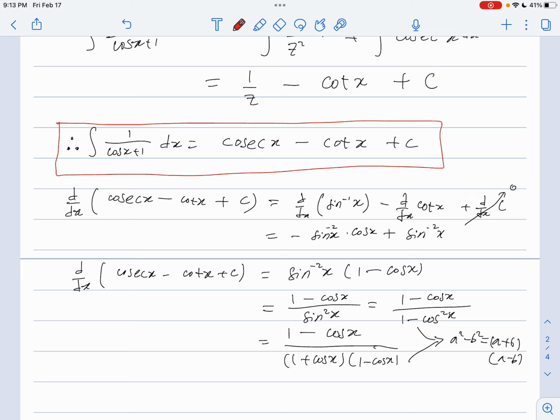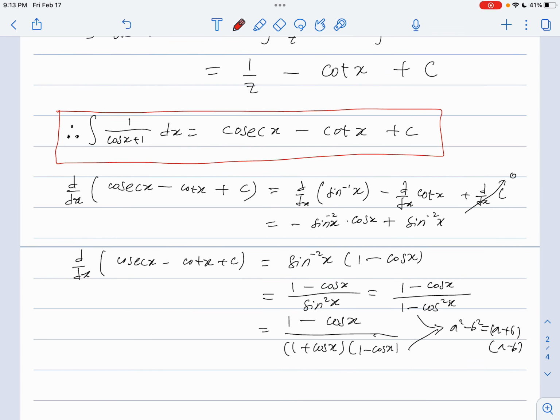This means the domain of x should not include 0 or any angles that give us cosine of x equal to 1, which is 0, then 2 pi, and so on. So we cannot use angles that are integer multiples of 2 pi. So we cannot use 0, 2 pi here. That's the thing that we need to pay attention to.